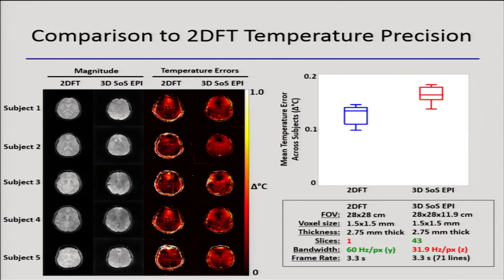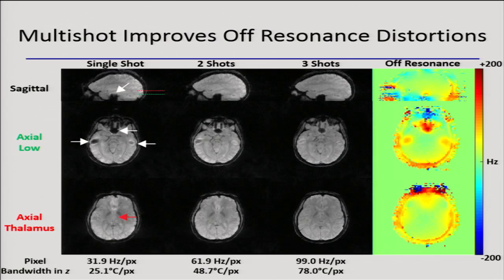The bandwidth of the 3D sequence is slightly lower than that of the 2D sequence, owing to the relatively longer readout time of the EPI echo train. And on the subject of lower bandwidths, EPI pulse sequences are known to be sensitive to off-resonance distortions, particularly at air-tissue interfaces like at the sinuses.